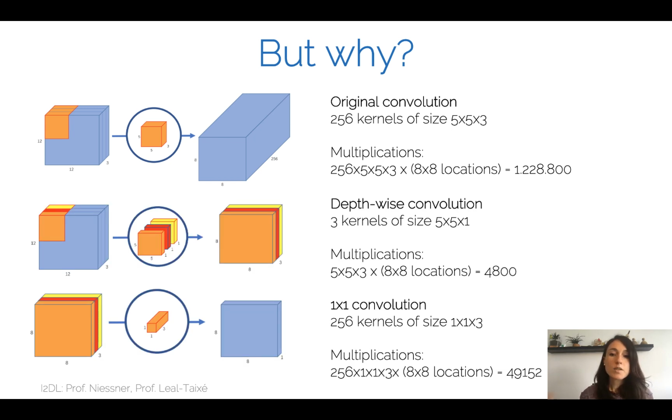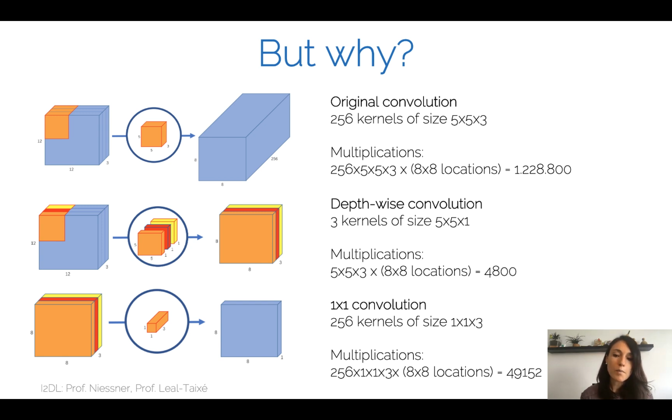Let's look at what happens with depth-wise separable convolutions. For the depth-wise convolution, I'm going to have 3 kernels of 5x5x1, and so I'm going to have 4,800 multiplications only for this operation. But I also need to do the 1x1 convolution.